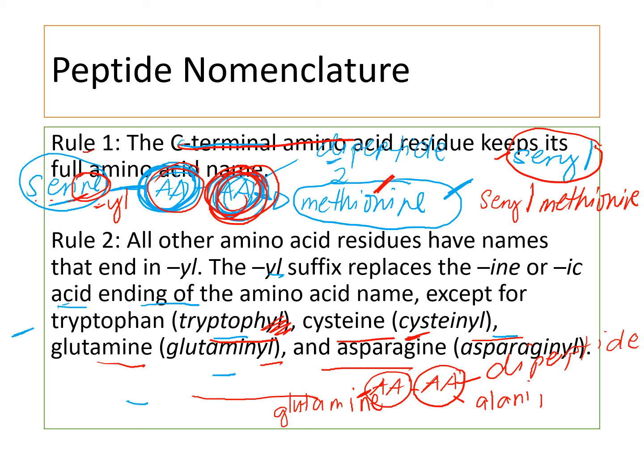So can you guess the final name of the peptide? The final name of the peptide is glutaminyl. And we just have to copy this name, alanine.